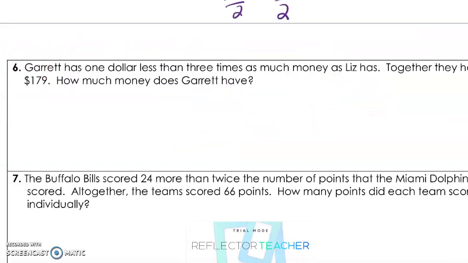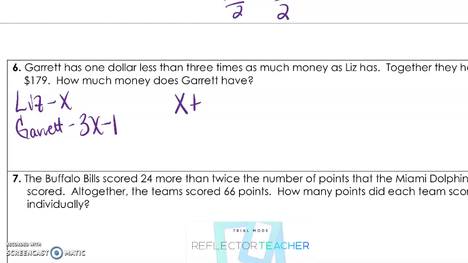For number 6, Garrett has one less than 3 times as much money as Liz. So Garrett is being described in terms of Liz. So Liz is going to be x. Garrett, $1 less than 3 times as much. So 3x minus 1. Together they have $179. So x plus 3x minus 1 equals 179.